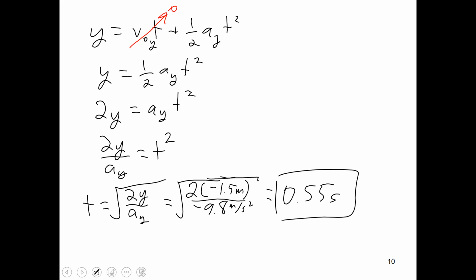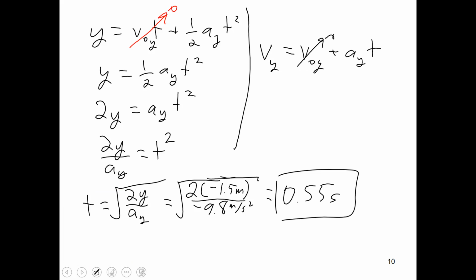While we're at it, we've got another unknown in that table for the y direction. Let's just go ahead and figure out what our final velocity is in the y direction. Why not? Final velocity in the y direction is equal to initial velocity in the y direction plus acceleration in the y direction times time.